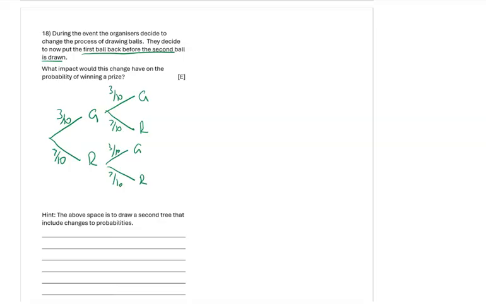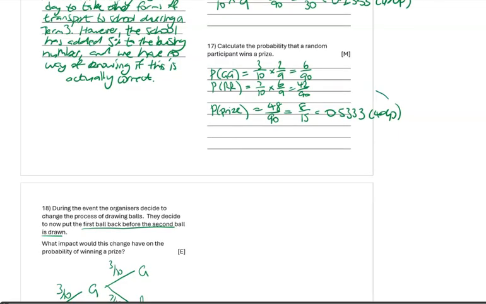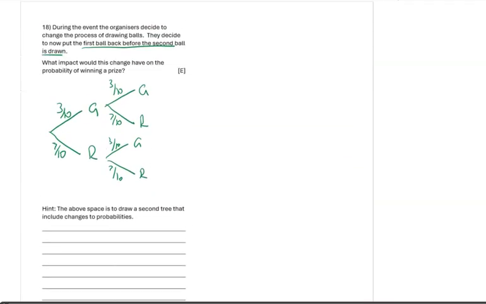And the question we've got here is, what would the impact on winning a prize be? So how is the number we just calculated, the probability of winning a prize, 0.5333, going to change based on my new scenario? So remember, the prize outcomes are going to be green, green up here, and then red, red down here.